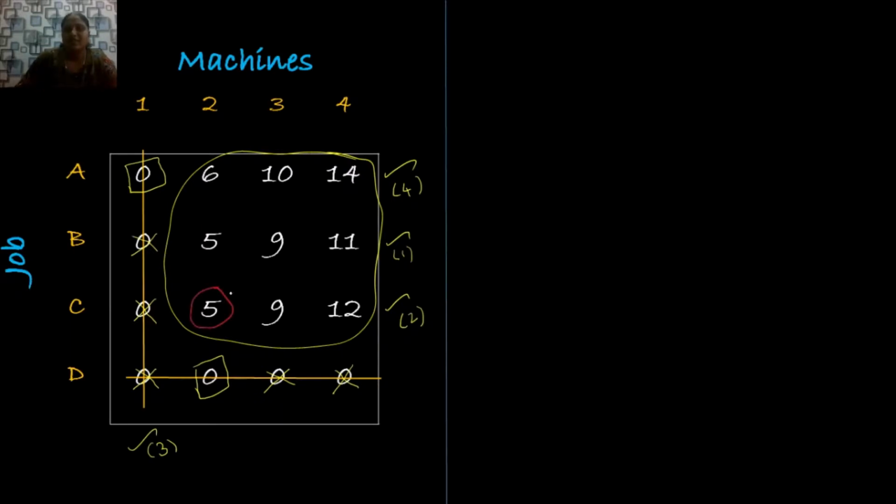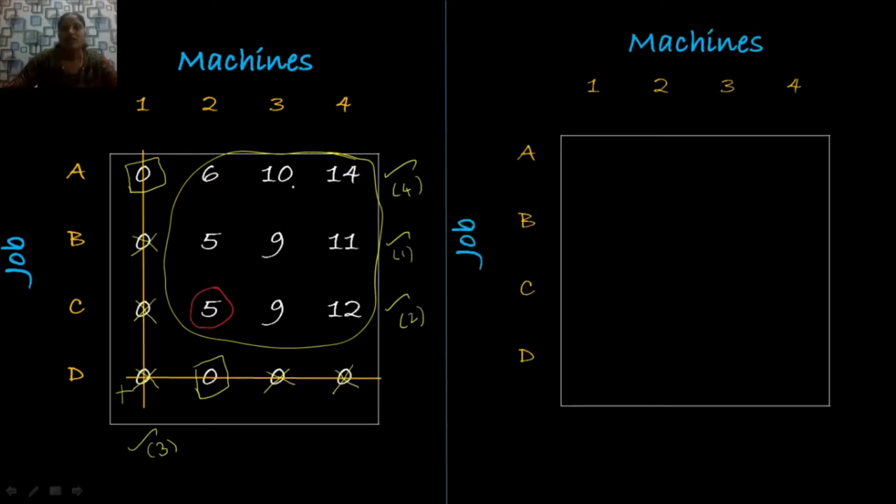So we have to subtract 5 from all uncovered elements, and you have to add this 5 to the point of intersection of the lines. This is the point of intersection of the lines. And leave the remaining elements as they are. Now let me subtract 5 from all uncovered elements. So 6 minus 5, 1, 10 minus 5, 5, 14 minus 5, 9.